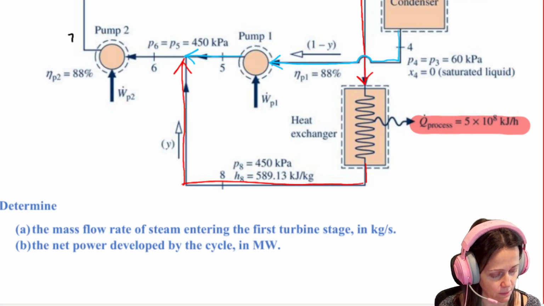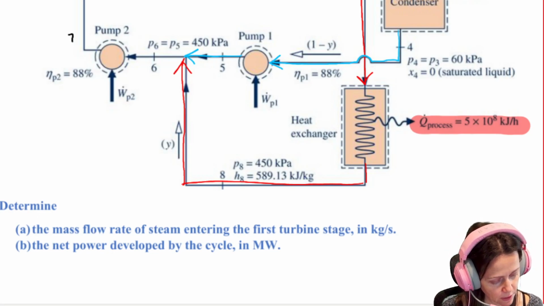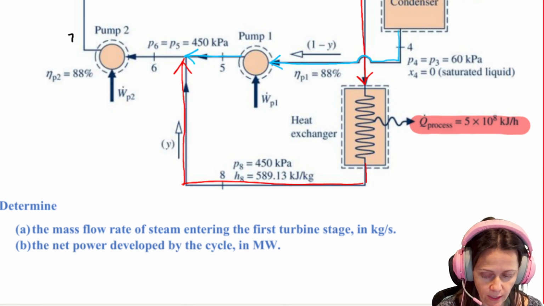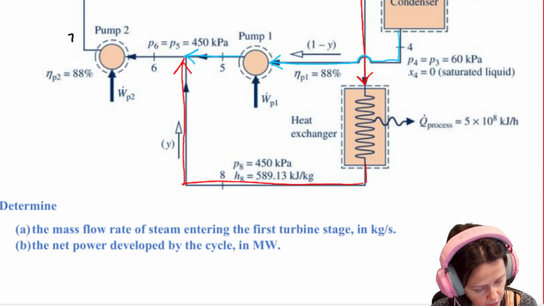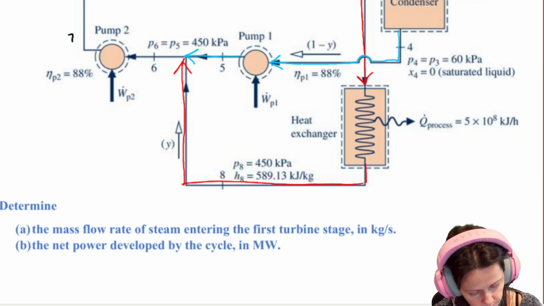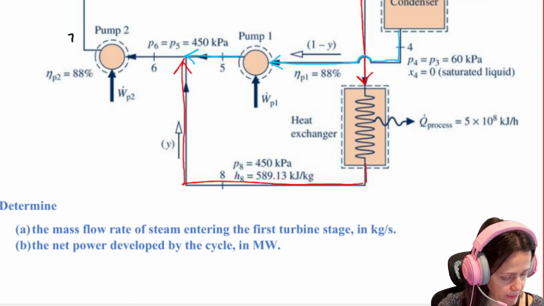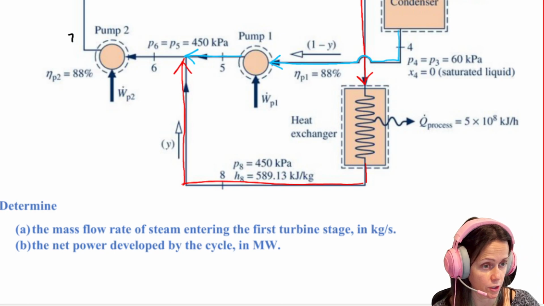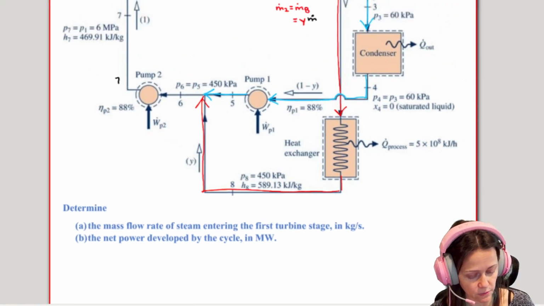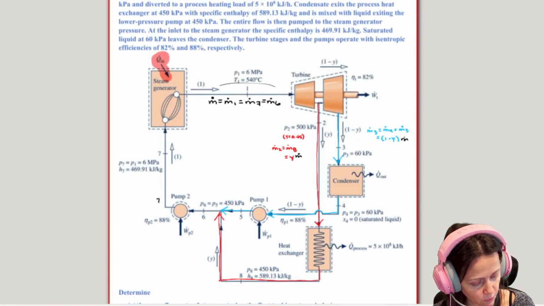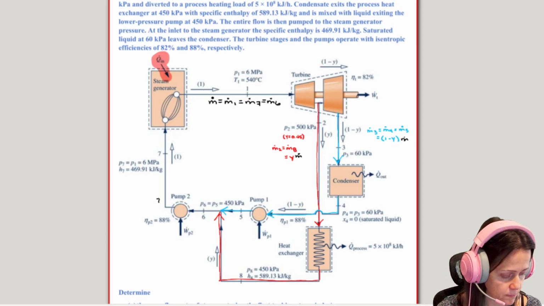That's the Q dot process, and we're going to use it to figure out the mass flow rate of our steam, m dot, going into that first turbine stage. So the full mass flow rate, I'm looking for this one up here.